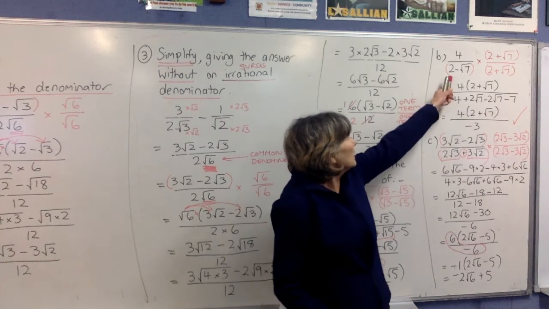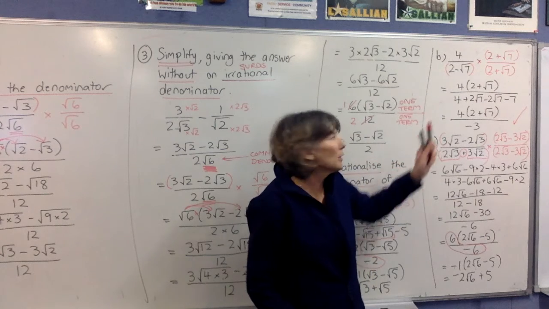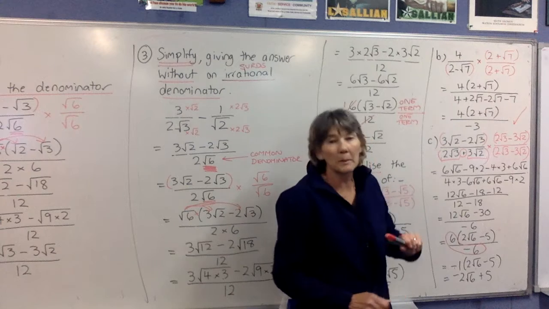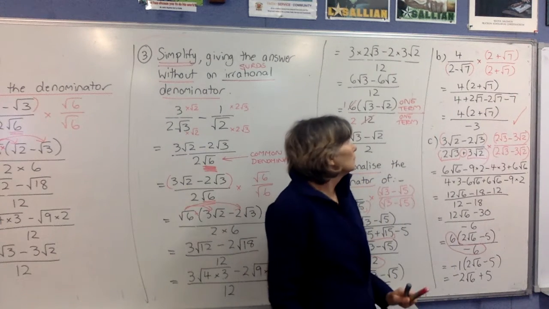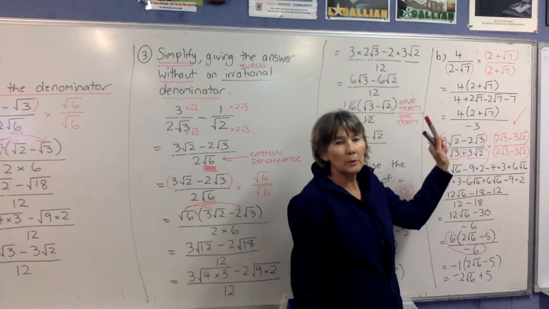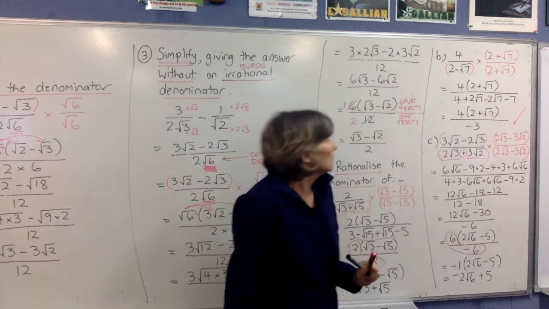So on this one here, there's your two terms in the denominator. To find the conjugate surd, keep the two terms, swap the sign. So the minus is now going to be a plus, and that's what we're multiplying the top and bottom by, 2 plus root 7. Anything with more than one term on the top or bottom of a fraction goes in brackets.